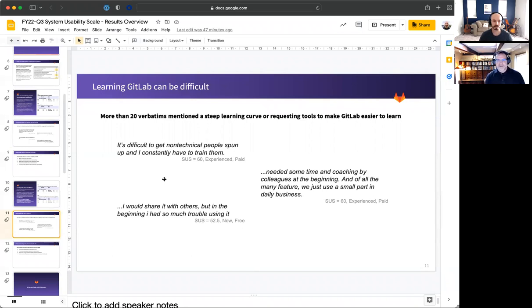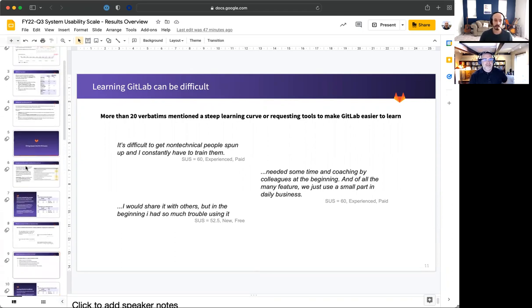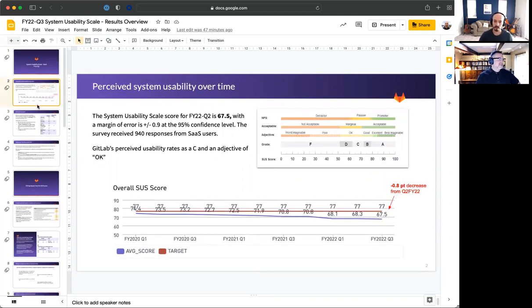you've been doing this for several quarters now. How do the things here compare to past quarters? Yeah, as I mentioned at the beginning, we are seeing that incremental decrease in overall score, but the interesting thing is from quarter to quarter, it's not significantly different. We see that once again for this quarter.